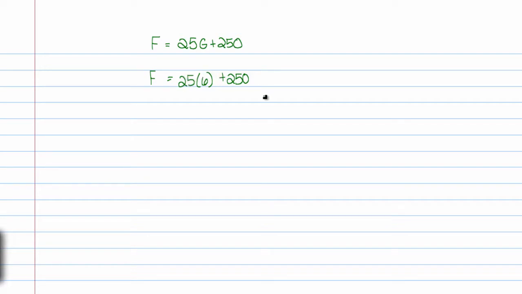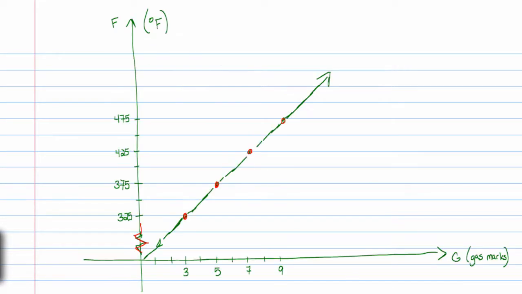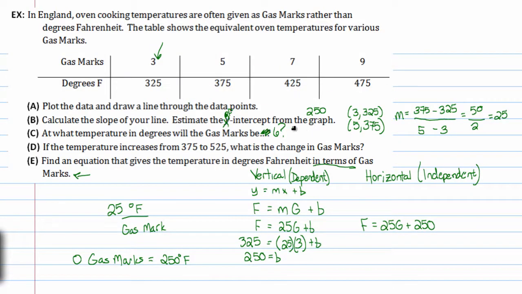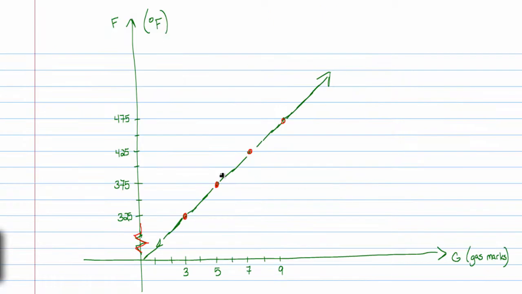Add that to 250 and that's 400. 400 degrees Fahrenheit. So that's how you would do a problem like that. And actually that makes sense too, because if you look at the graph and look at G equals 6, you go up here and you see, yep, that looks like it's about at a height of 400. That makes sense.